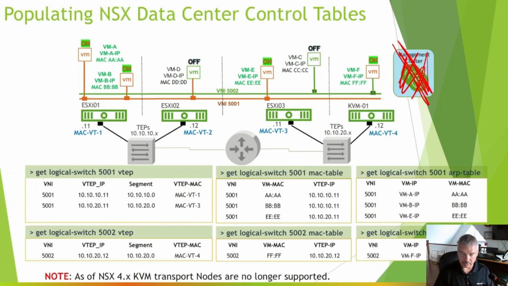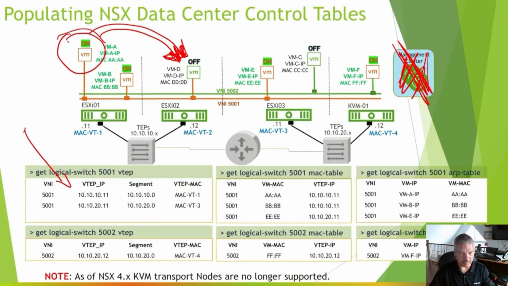Another thing it won't let you do, if control plane is down, for those of you that are familiar with vMotion, I want to migrate a VM running live to another host, it will not let you do a vMotion, okay? I haven't tried it in 4.1, but probably won't let you, okay? And that makes sense, because when I vMotion my VM, we need a way of updating the table saying VM A is no longer on this transport node. It's now on this other transport node. We got to put an entry in there for it.